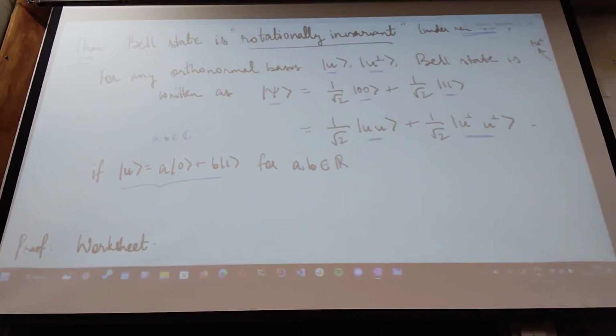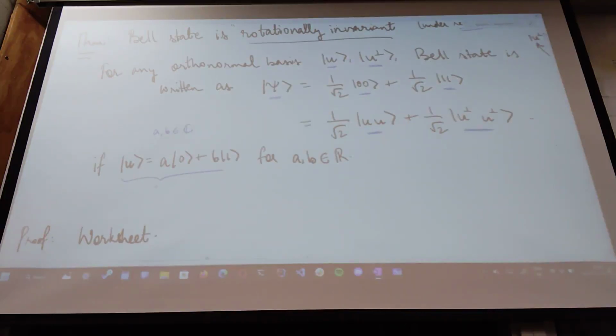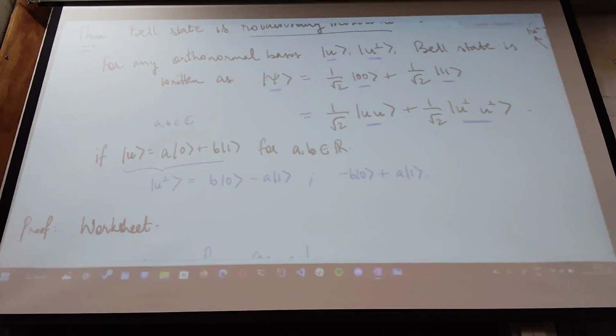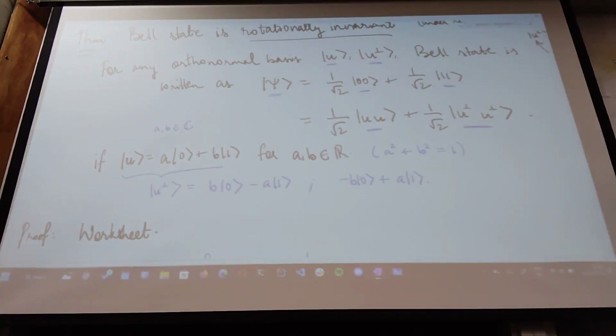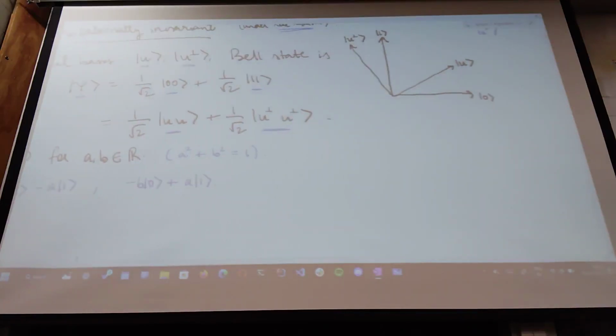So given u is a0 plus b1, you can then write, say, up to plus or minus, u perp is b0 minus a1, or equivalently, you could also write minus b0 plus a1. Both of these work. Also, since u and u perp are normalized, we require this condition. And this, you can see, is very related to what we were discussing earlier.